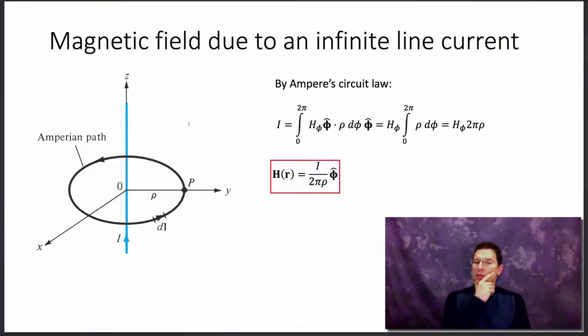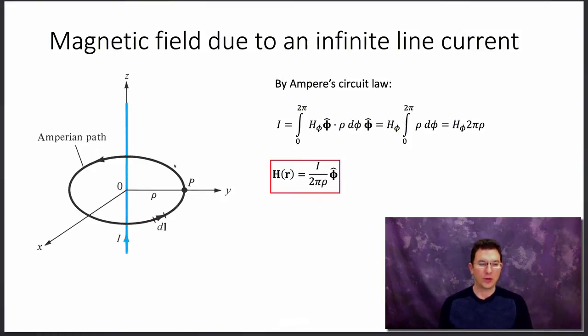How are we going to figure out what the magnetic field is due to this wire? Well, we have to use some symmetry considerations when we make our argument. The first thing, again, is that this geometry, if you start out here at a particular radial distance away from the line, a particular value of rho, looks the same no matter where you are on this particular circle.